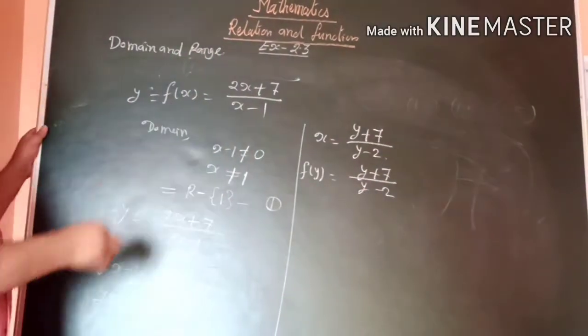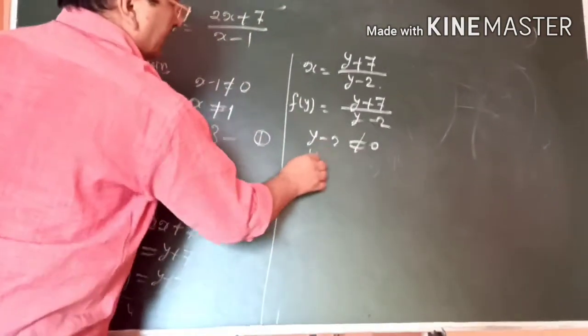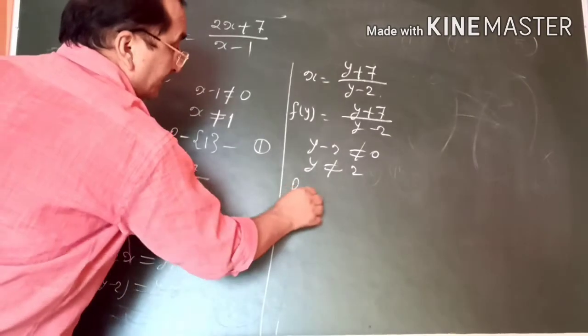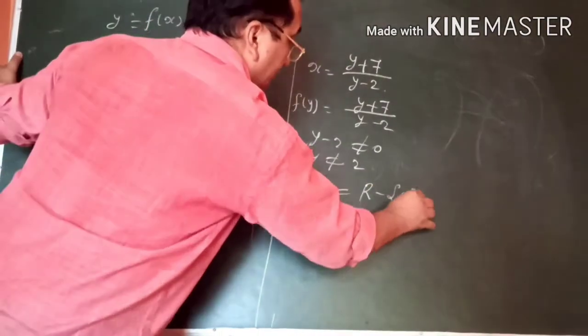The function will be defined if y minus 2 is not equal to 0, so y is not equal to 2. So the range will be all real numbers minus 2.